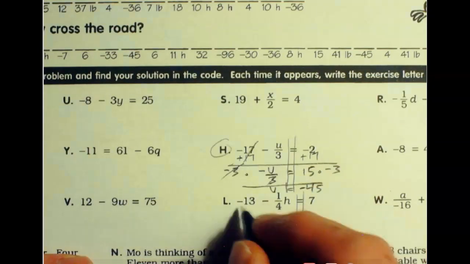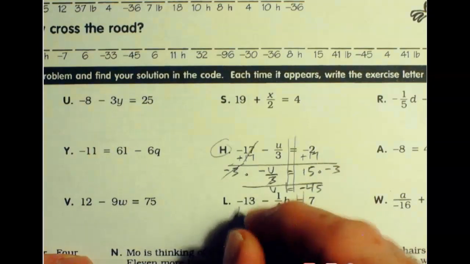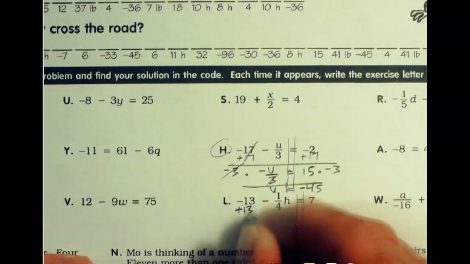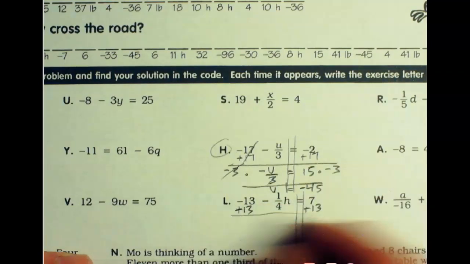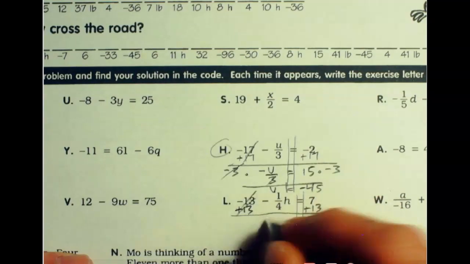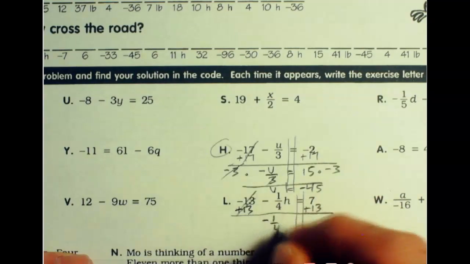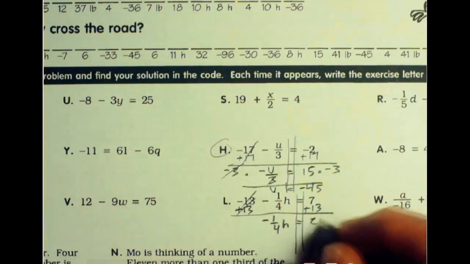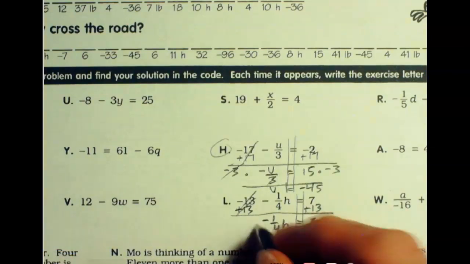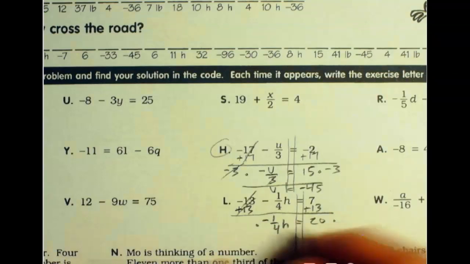So let's get rid of this dangling here first, this negative 13. So we'll add 13 to both sides. These cross off. You have minus 1/4 h equals, well, 7 plus 13 is 20. So now we're going to get rid of that. Divide by 1/4.